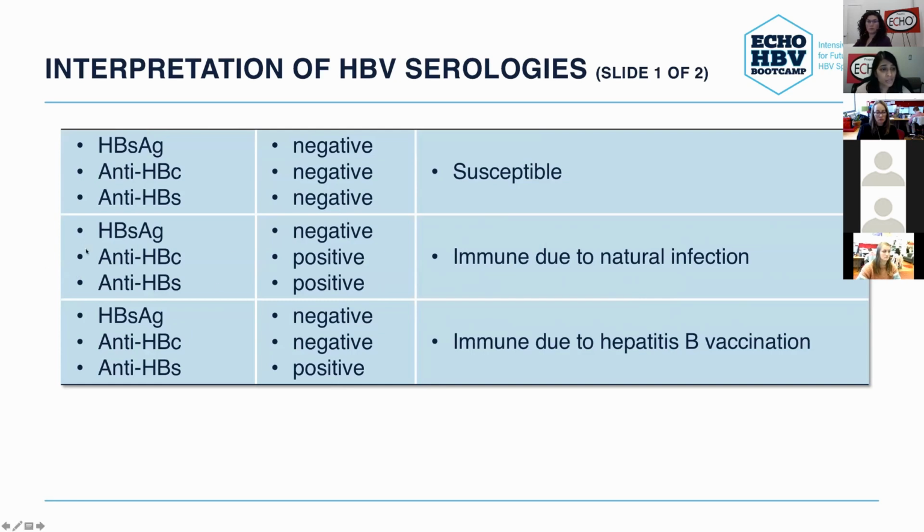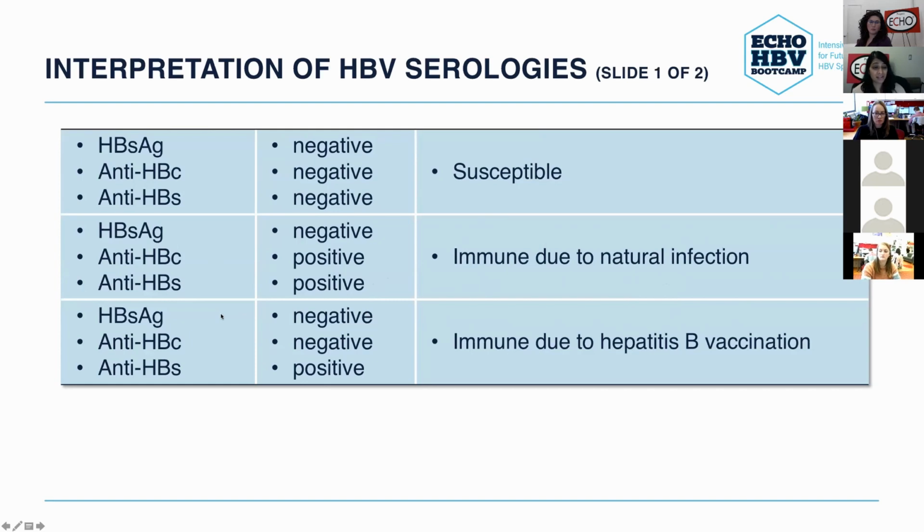That's where, in this scenario of being surface antigen negative and surface antibody positive, the core antibody can be very helpful. If the core antibody is positive, it indicates immunity due to prior Hep B infection, okay? And so that's how you distinguish, in those persons who are Hep B surface antibody positive, who's immune from vaccine versus prior or natural Hep B infection.